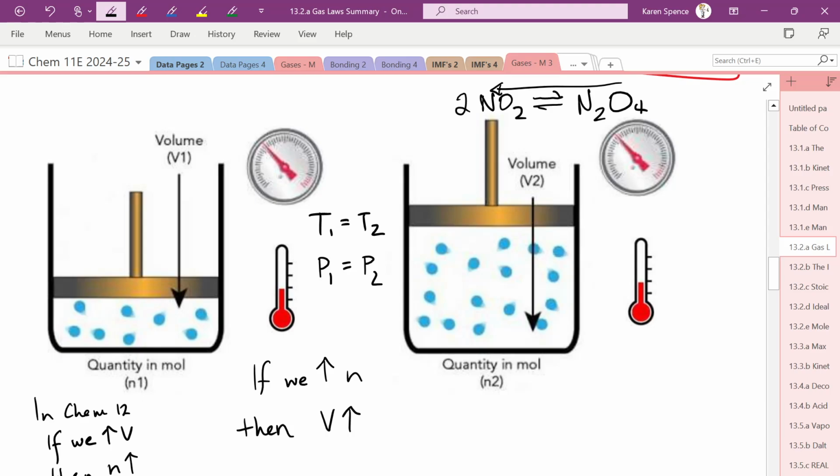So N is the number of moles of molecules? Number of moles of molecules, okay? But we'll leave the whys and hows of that for next year, and we'll just put that as an aside. Okay? So we can say in this case that volume is proportional to N.